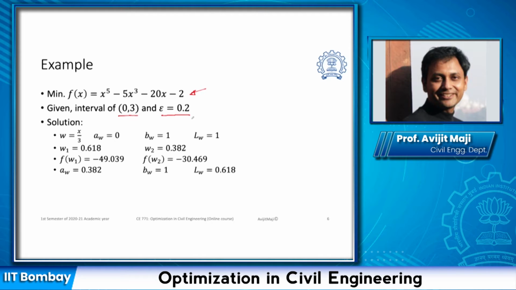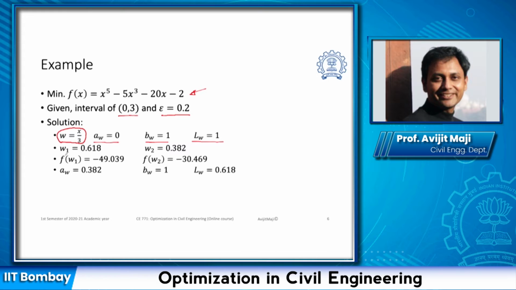So in the golden section search method, first we need to find W, which is now expressed like this. It is clear that W is expressed with respect to x, and in this we find AW equal to 0, BW equal to 1, LW equal to 1.